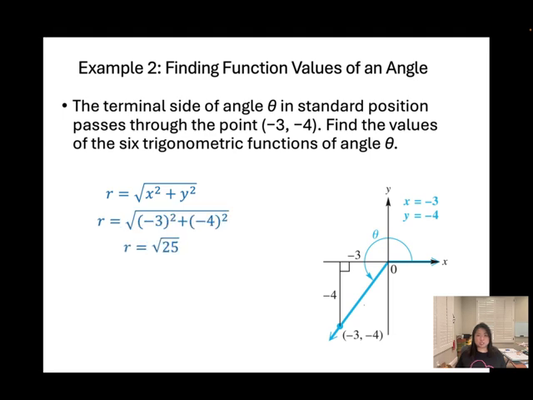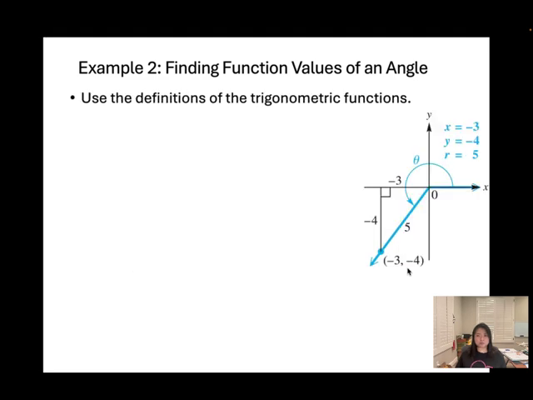You're going to get r equal to 5. Then we're going to find the values of the 6 trigonometric functions. I want you guys to try to find the sine theta, cosine, tangent, secant, cosecant, and cotangent.